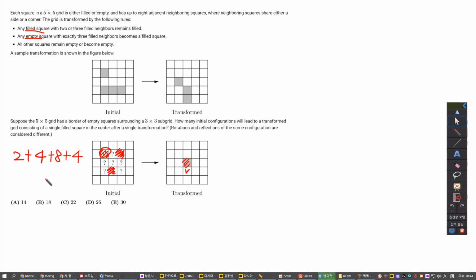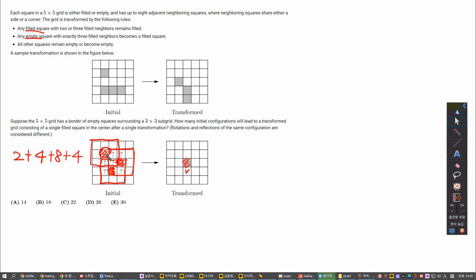And then this one, 2 edges and 1 corner like this. For this grid, this one will be empty because it has only one filled neighbor. And this one will be empty because it has only one filled neighbor.